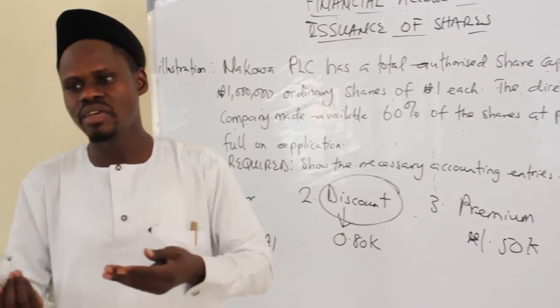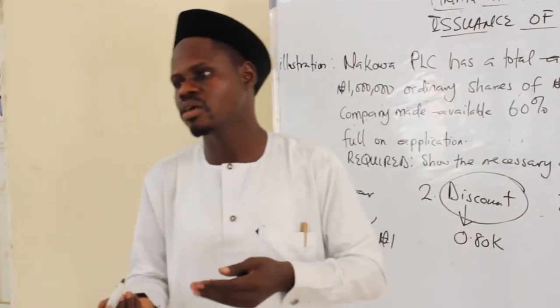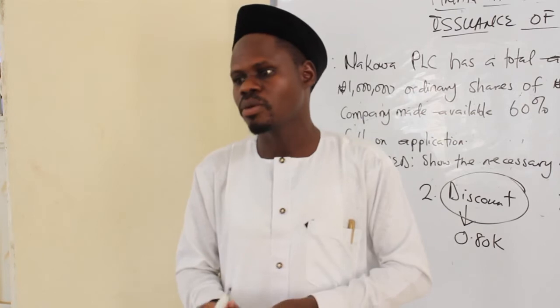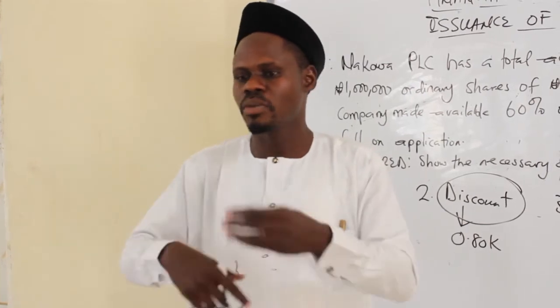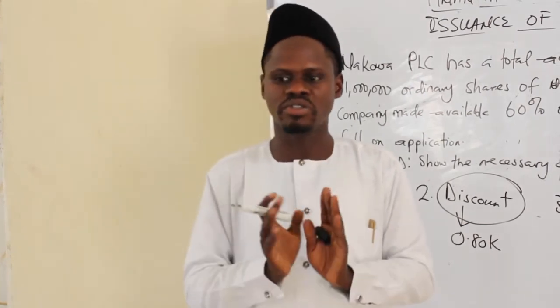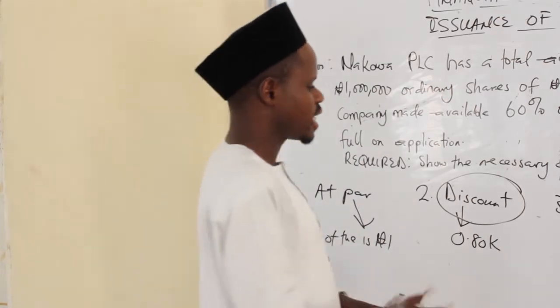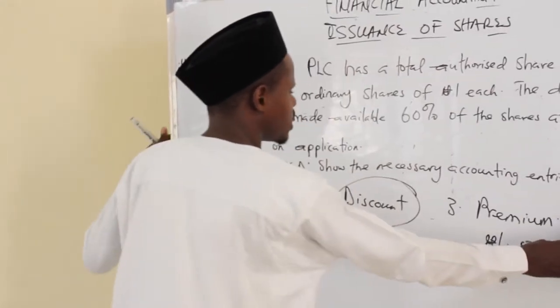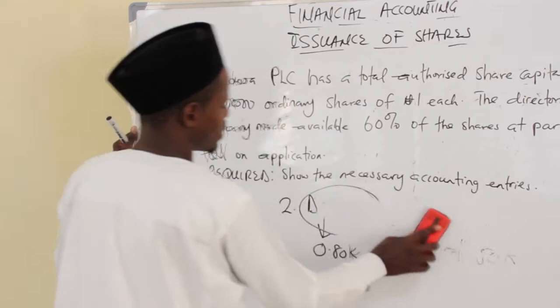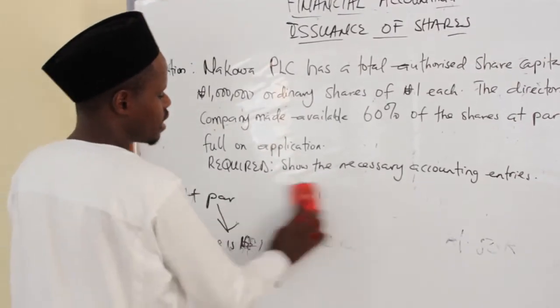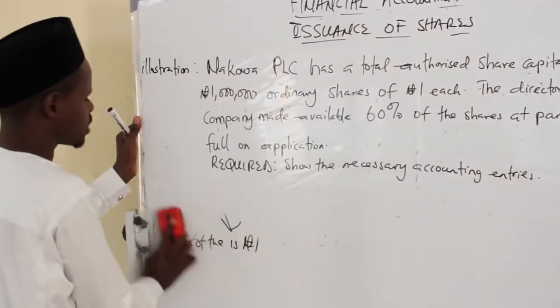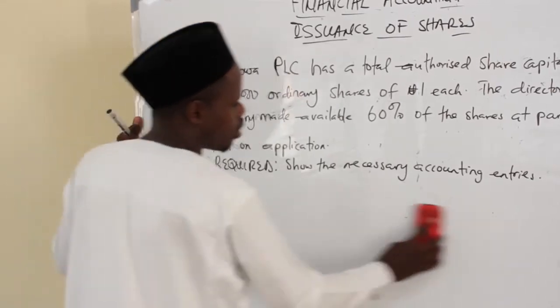Because they know that the members of the public will definitely subscribe, because such companies have established a good reputation of making profit. Now, as an accountant, what we are interested in is how to post the entries whenever the board of directors have decided to sell their shares to the members of the public.